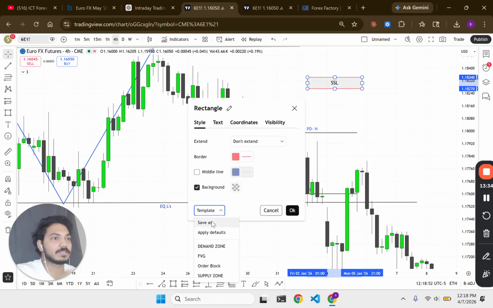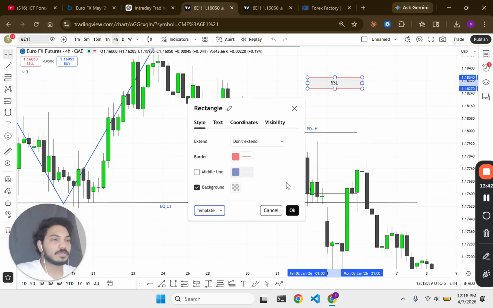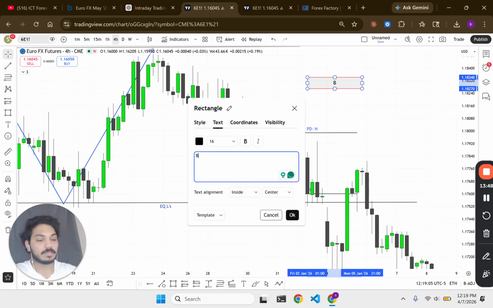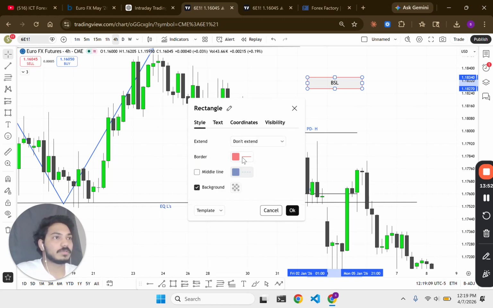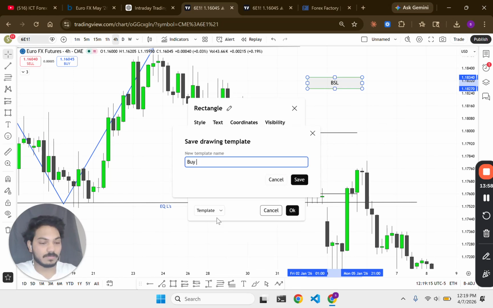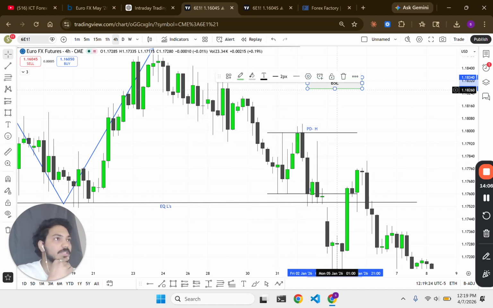I'm just leaving it as liquidity. You can correct me if you feel I'm doing anything wrong. And buy side liquidity, I'll turn it to green. Buy side liquidity. Yes, I save both of them.